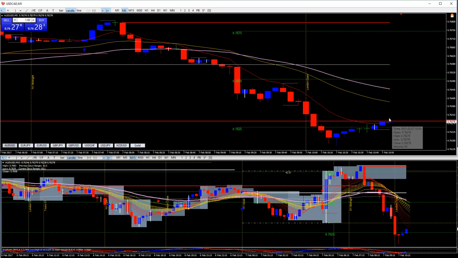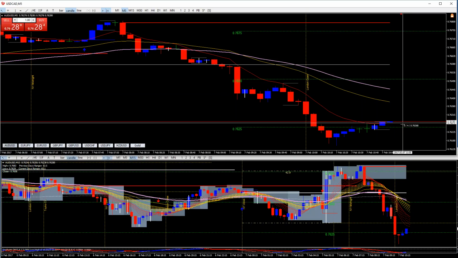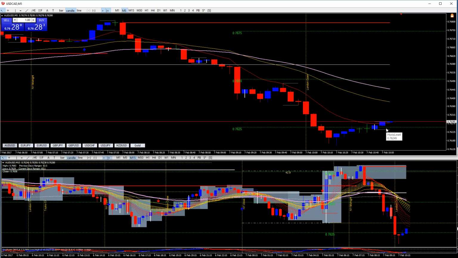I'll wait for a signal candle to break below this 10 and below the 25 to take that trade, because I'll measure to the 25. There's only 2 pips to the 25, and my spread is 0.4, 0.5, so I'm just not interested in that trade at the moment.